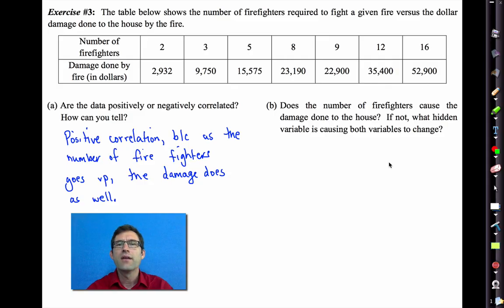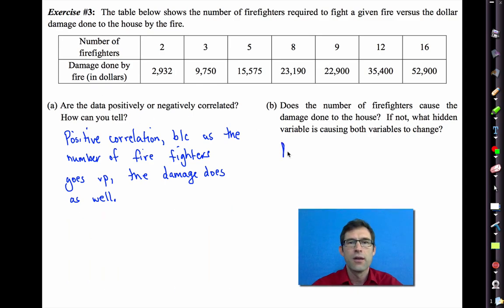Letter B. Does the number of firefighters cause the damage done to the house? If not, what hidden variable is causing both variables to change? So in other words, this is a classic causation versus correlation problem. What do you think? Does the number of firefighters cause the damage? No, of course not. That would just be silly.